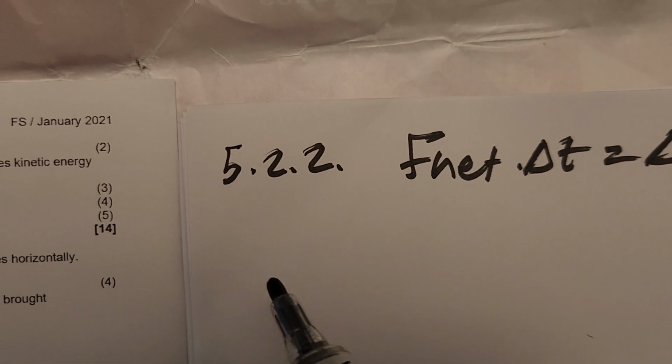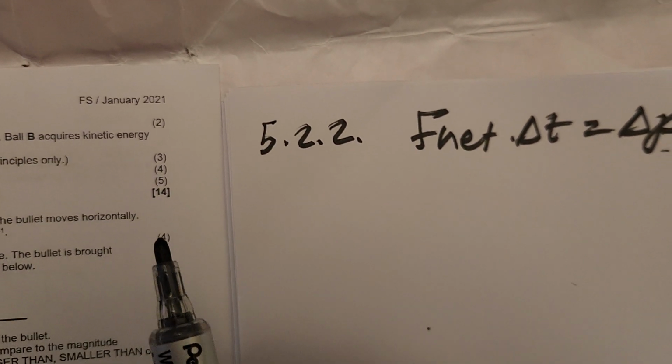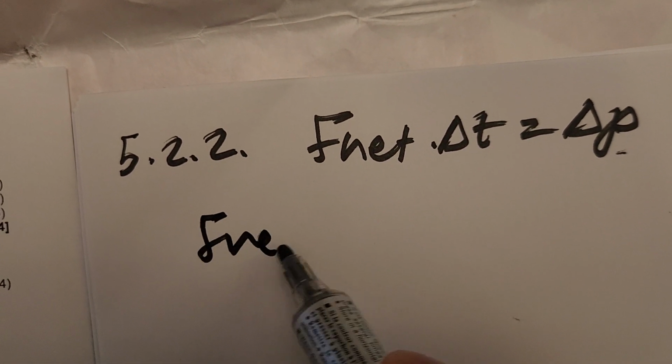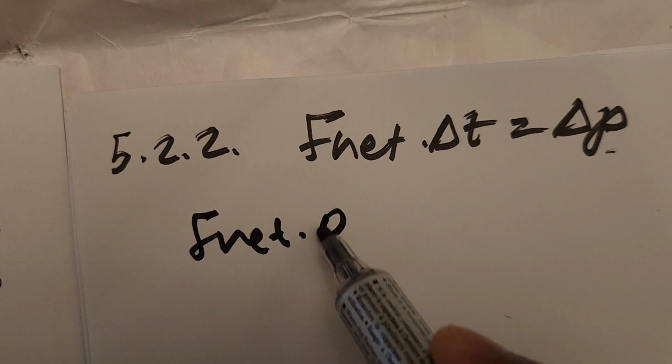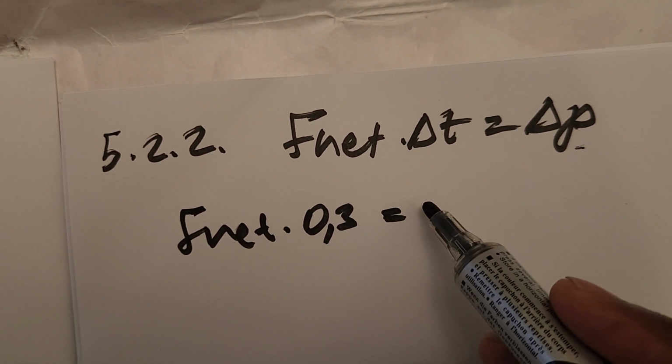Say we are talking about the change in momentum of, in this case, Q. So it will be F net, the time they said is 0.3. Remember, the spring took that long to react.